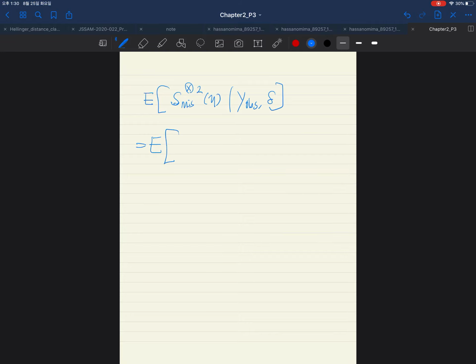That's actually S miss itself is S com theta minus S obs. So that's actually two ways.